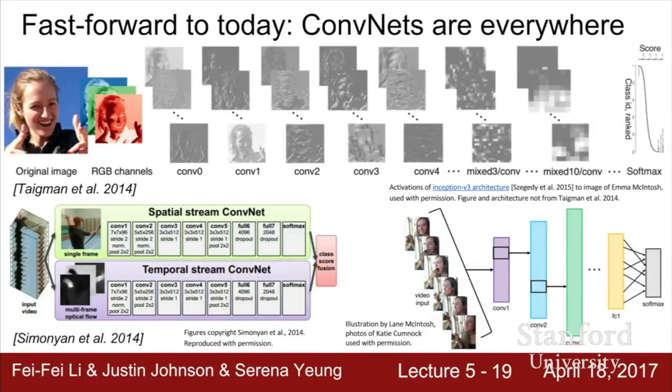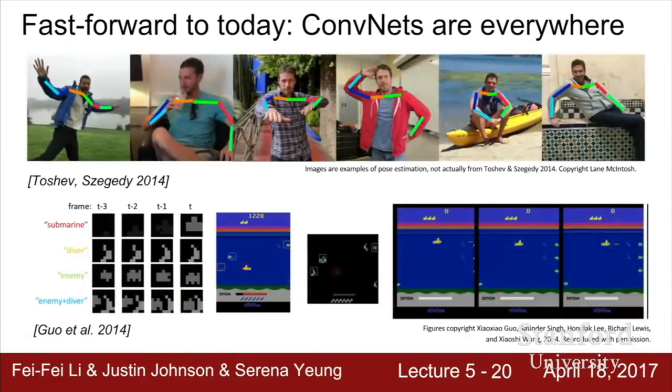So we can also look at some of the other applications that ConvNets are used for. Face recognition, right? We can put in an input image of a face and get out a likelihood of who this person is. ConvNets are applied to video. This is an example of a video network that looks at both images as well as temporal information, and from there is able to classify videos.